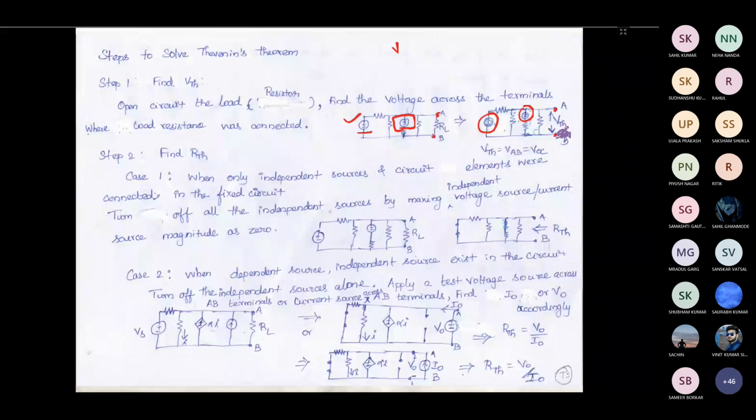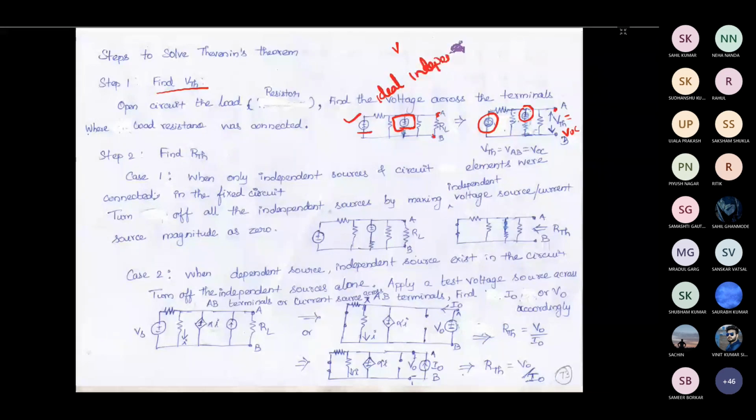There are three cases. In the first case, you have only ideal independent voltage sources in the circuit.